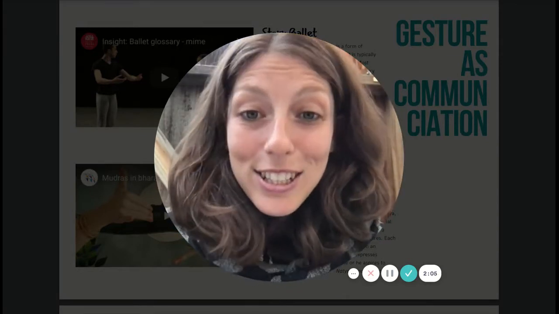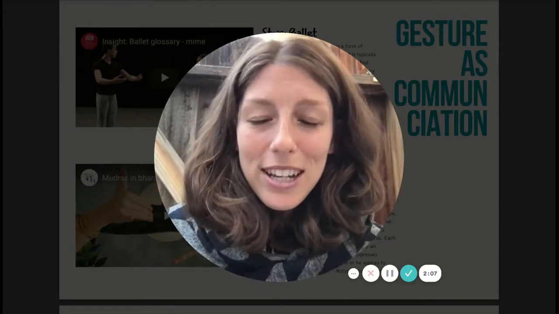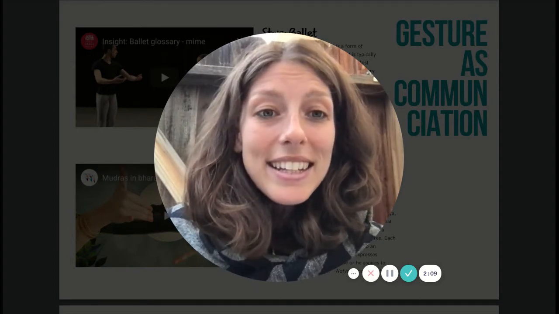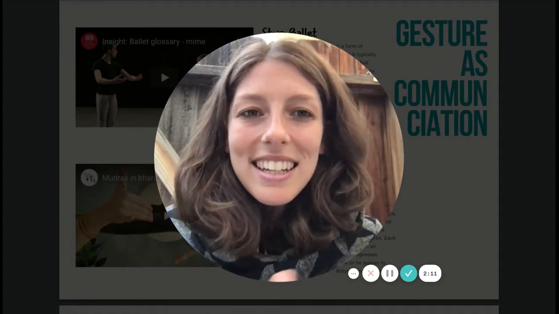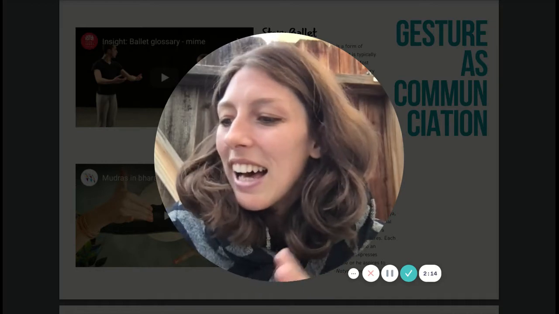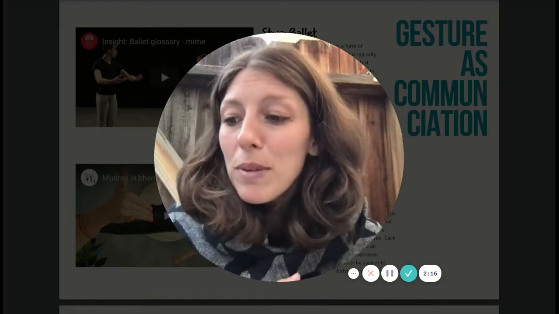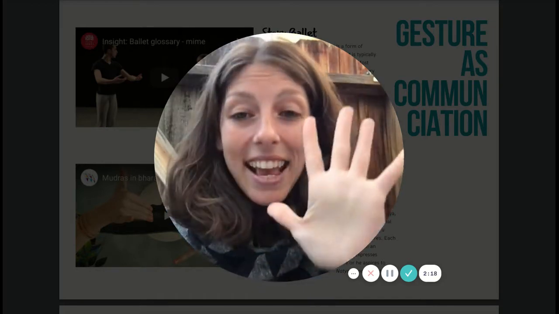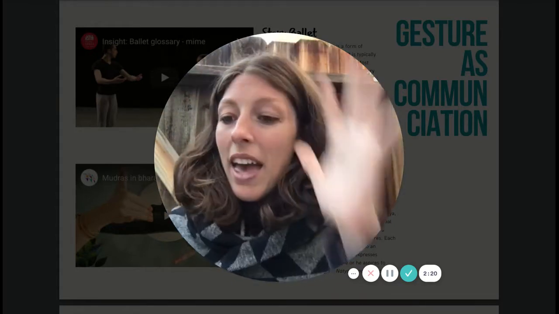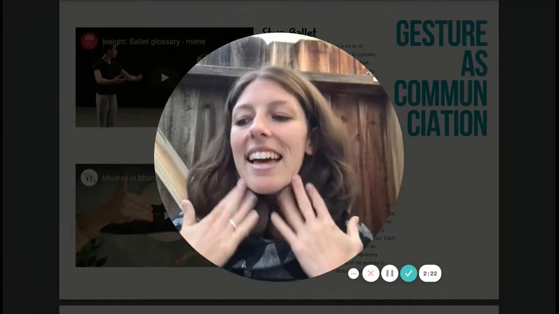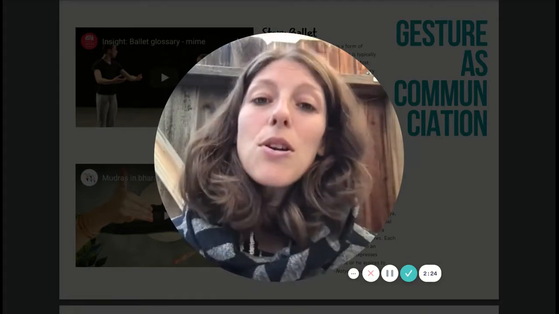So what is a gesture? Now that you've experienced a few gestures, take a stab at a definition. A gesture is a movement or position of the hand, arm, head, or face that expresses an idea or an emotion.